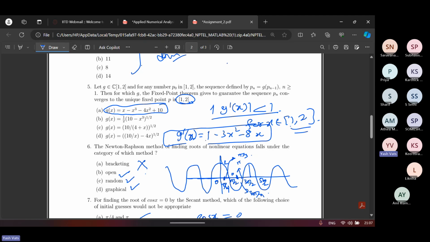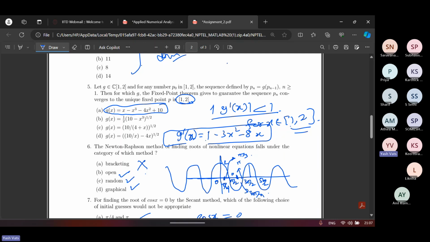So g prime values are negative, and you can easily check that g prime of 2 is greater than minus 10. So it's not good. So the first function is not right.